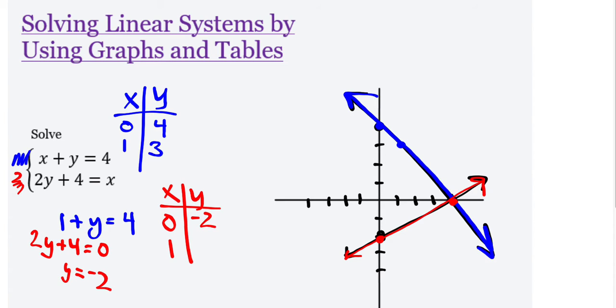Then I would put 1 in place of x. And putting 1 in place of x, subtract 4, so that'd be -3. So -1.5.